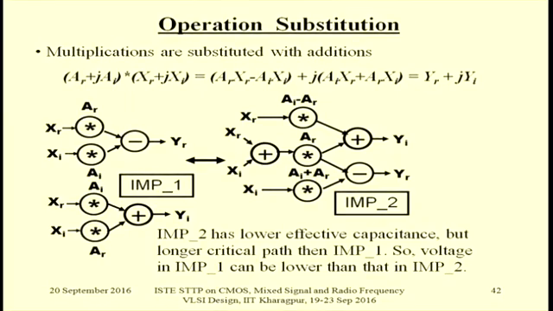That means basically, if we want to have the same throughput for this second implementation as well as the first implementation, we see that here the critical path length has gone up, because 1, 2, 3 here, and here it is 1, 2. So we can have lower voltage for the first implementation, and hence the overall power can be lower for the first implementation. So the first implementation will be preferable to the second one if we want to have lower power. Okay.